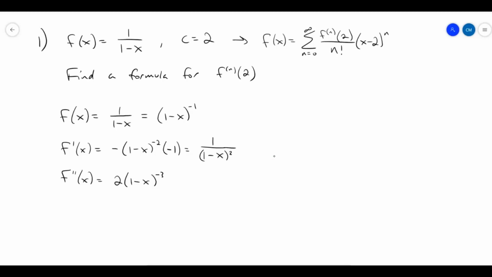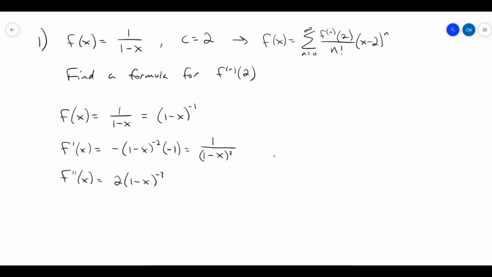Now, I'm kind of skipping some stuff here because when you take that derivative, remember that comes down, canceling that negative there, right? And then it's going to go to the negative 3. And so then here we would have that negative, but then we would also have another negative there again, right? And so those negatives cancel again. So what you'll find is that all these negatives are going to cancel from every derivative. So we're not going to have any negatives at all. Everybody see how that works?